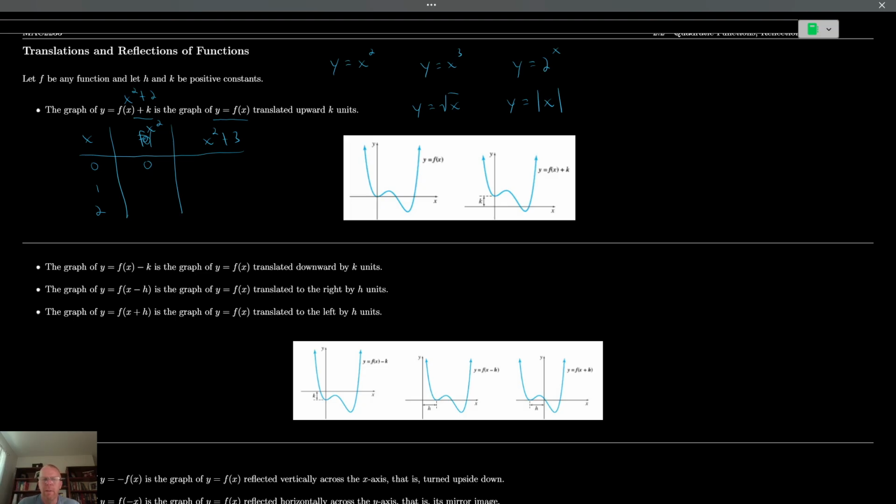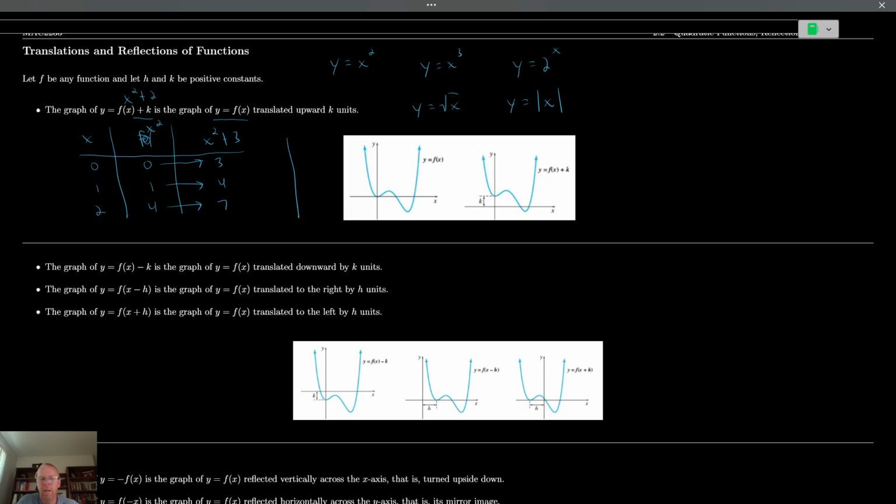If f is x squared plus 3, we have 0 squared plus 3, which gives us 3. When x is 1, 1 squared is 1, and 1 squared plus 3 is 4. When x is 2, 2 squared is 4, and 2 squared plus 3 is 7. Going from here to here, we're just adding 3, which of course is what's going on.